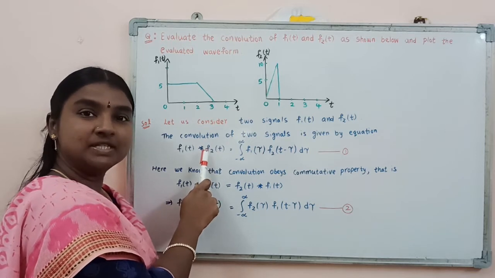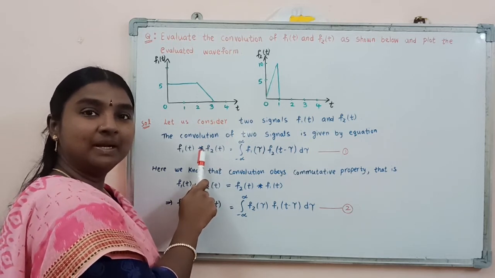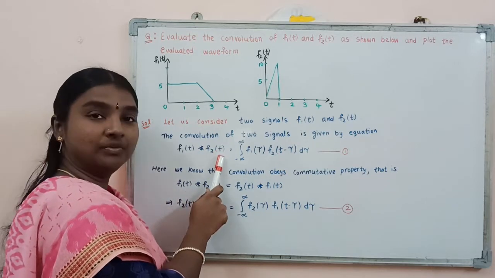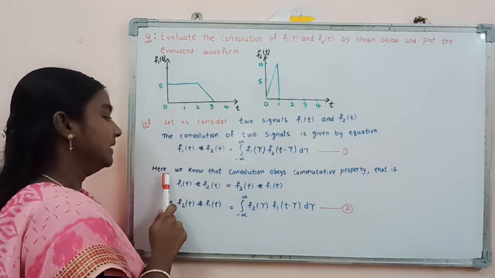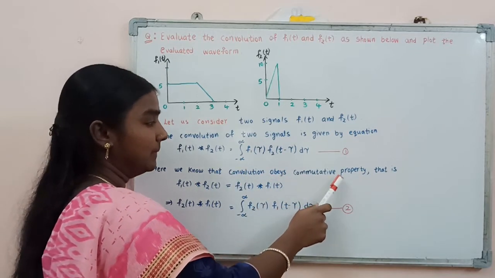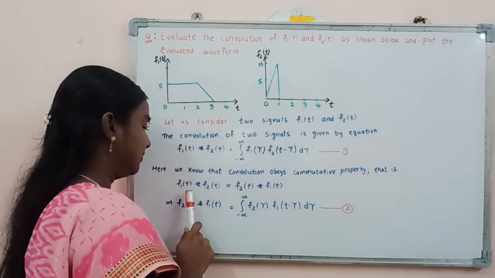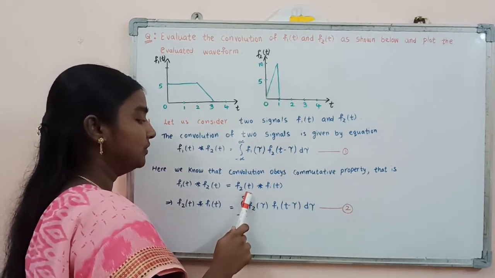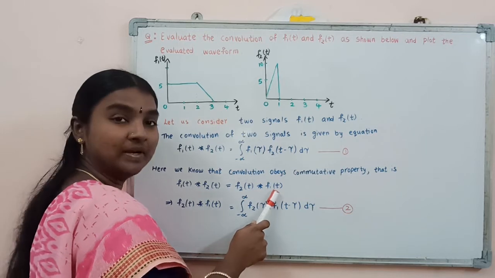Now here also it is the same, just like two signals, but here they are denoted f1 of t and f2 of t. Here we know that convolution obeys the commutative property. That is, f1 of t convolution f2 of t is equal to f2 of t convolution f1 of t.